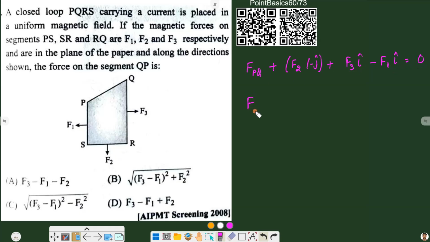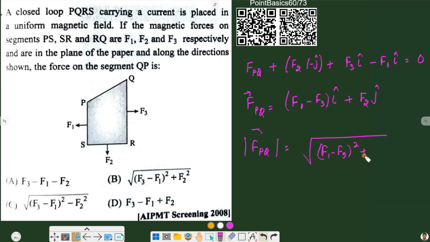From this we can write FPQ is equal to (F1 minus F3) of I plus F2 of J, that is the vector value, and we have to find the magnitude. So the FPQ magnitude will be the square root of (F1 minus F3) squared plus F2 squared. That is option B for us. So with this, we end this video here.